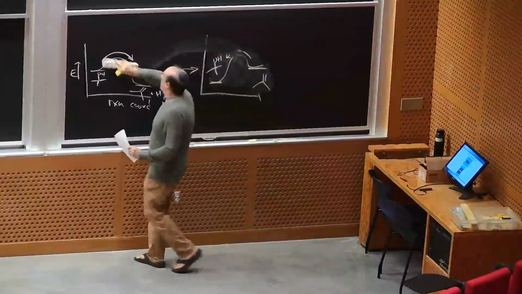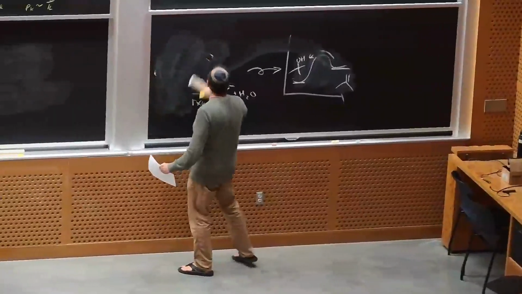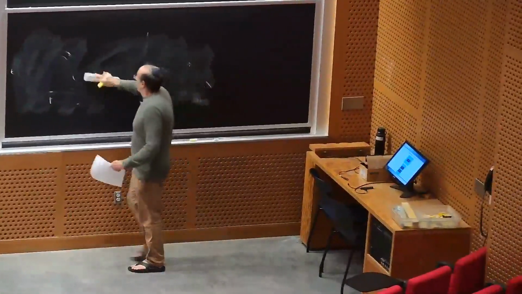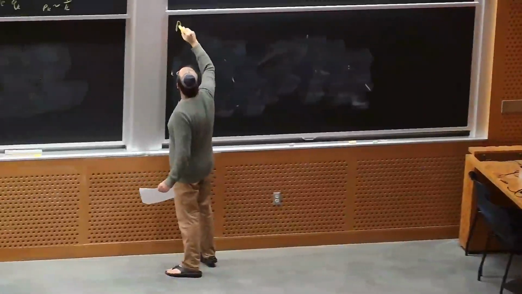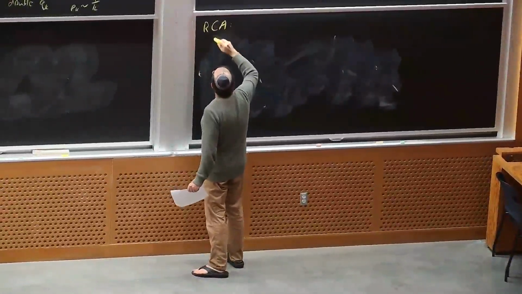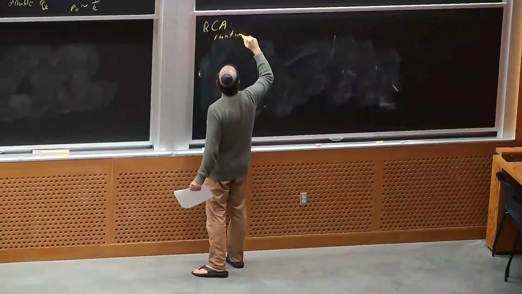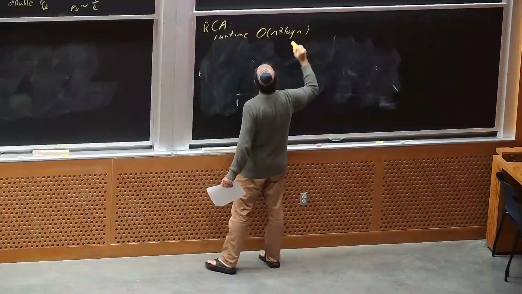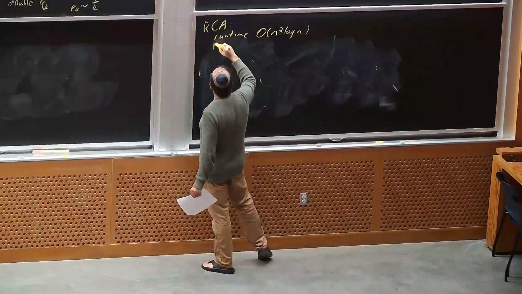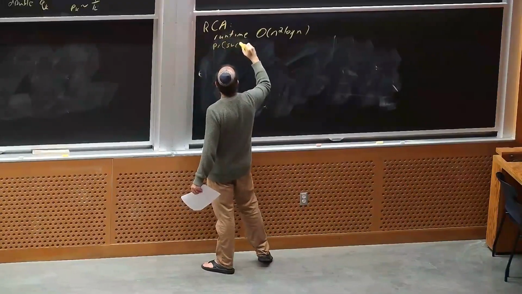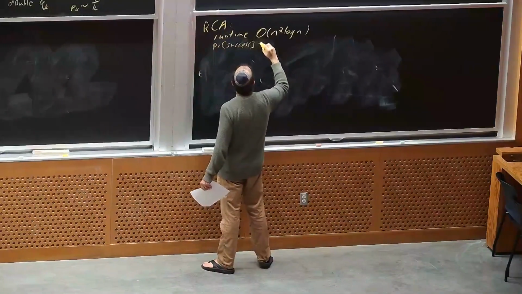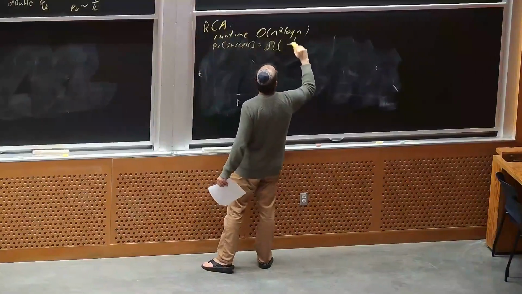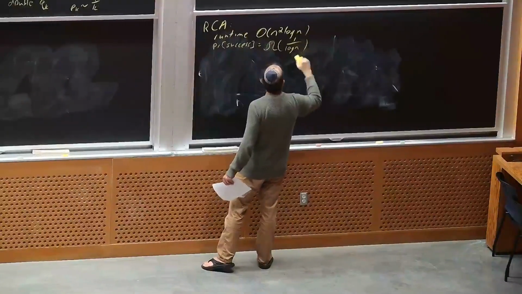We now have an algorithm, the recursive contraction algorithm. Its runtime is order n squared log n, and its probability of success is omega of 1 over log n.